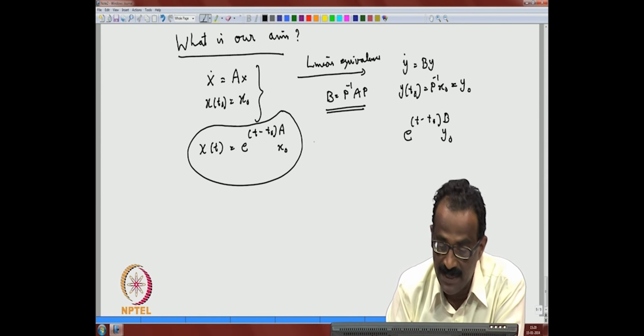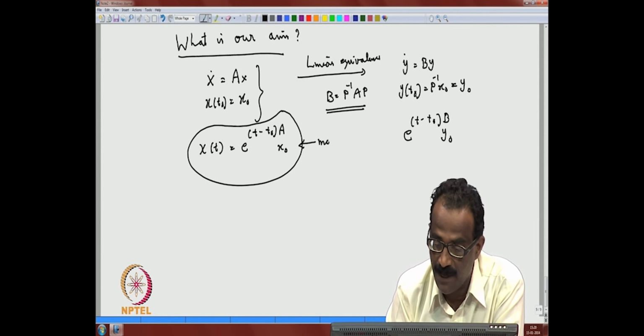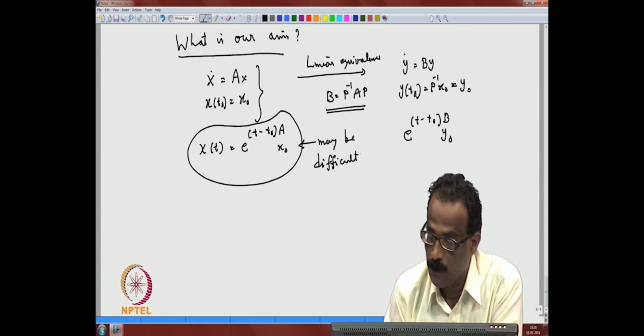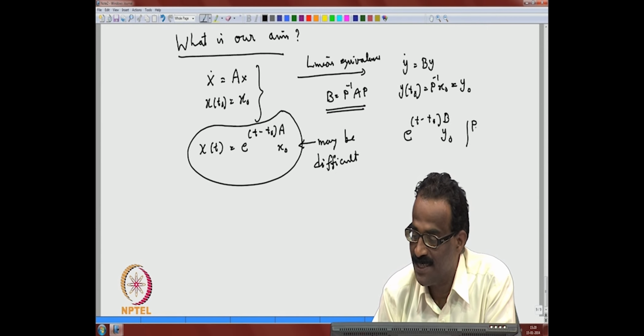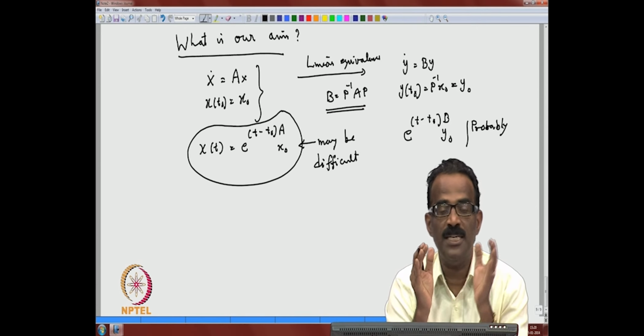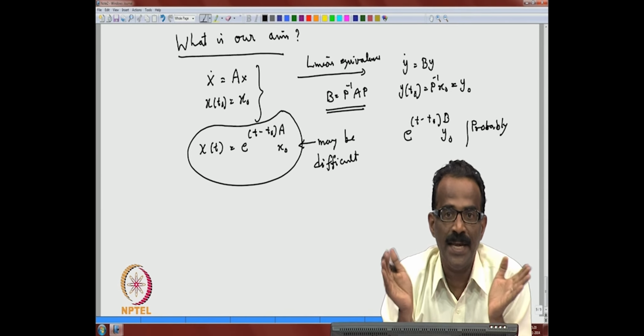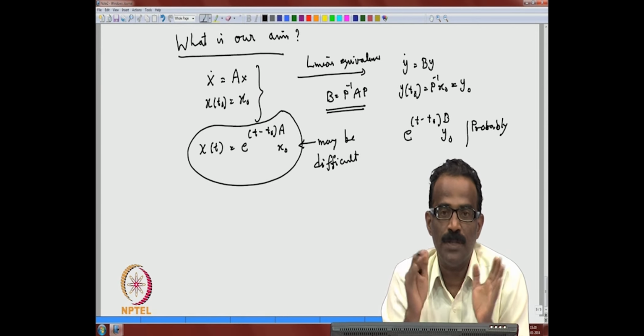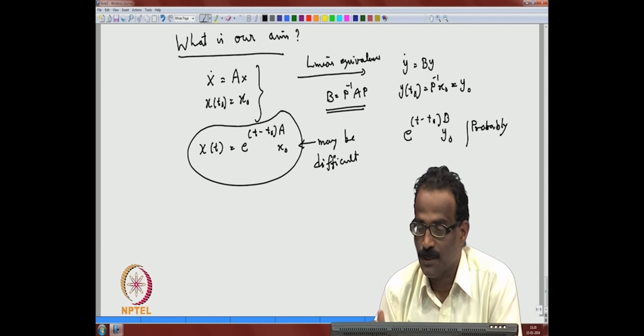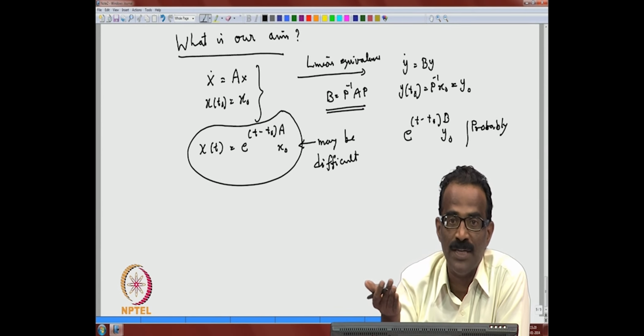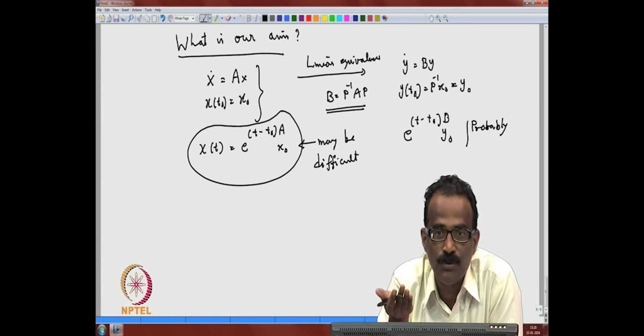This may be easy, this may be difficult, probably easy. You see, this is the situation we are looking at. So the question is, is it possible to find a linear equivalence so that the solution to y dot equal to By is easy to compute.